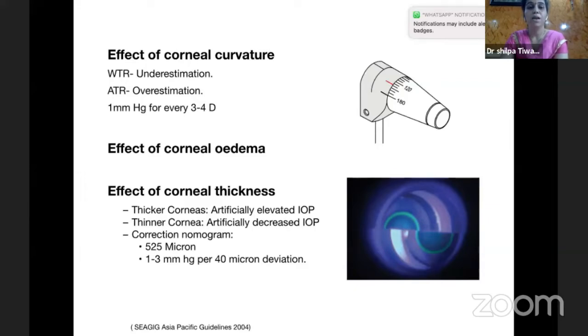Now, the effect of corneal edema. As we all know, there will be underestimation, as the edematous epithelium is easier to indent than the normal epithelium. Effect of corneal thickness: we are usually routinely taking care of this. All glaucoma specialists take care of this. A thicker cornea will lead to artificially elevated IOP, and a thinner one to artificially decreased IOP.